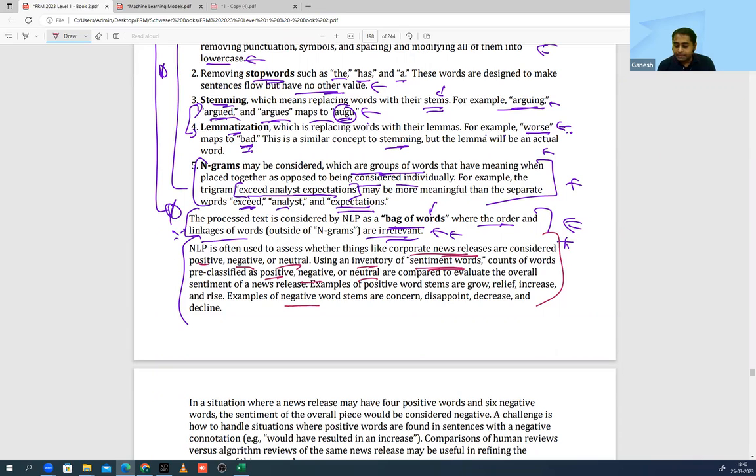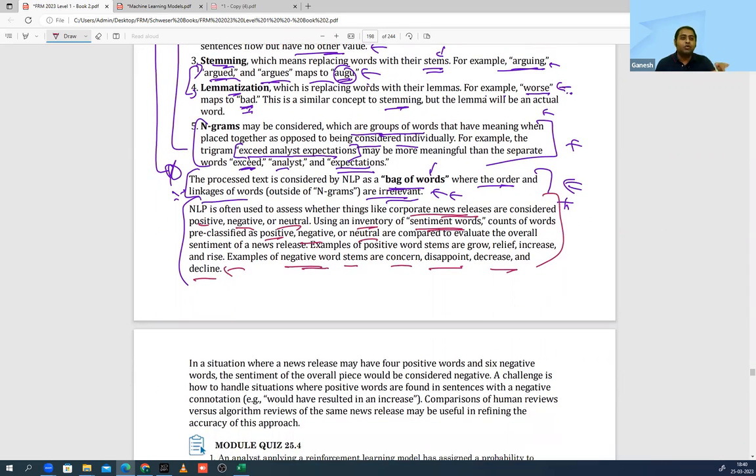Examples of negative word stems are concern, disappointment, decrease, decline. दिख रहा है? So when you are sitting for your appraisal and your manager is using all of these words, it automatically means what? Hike nahi milega. Right? So you can understand the tone.